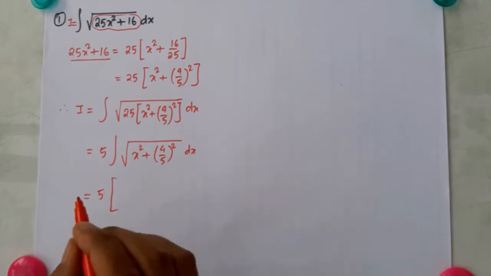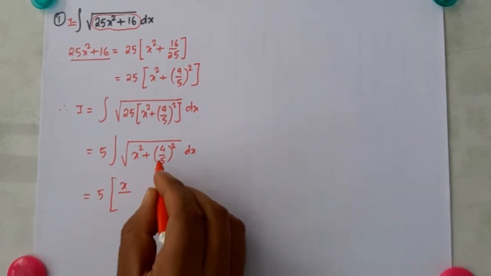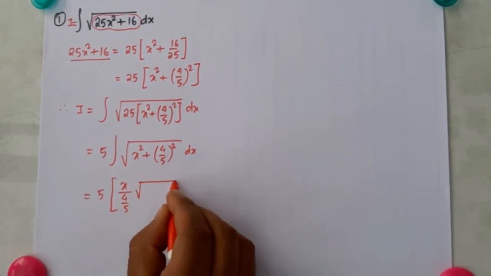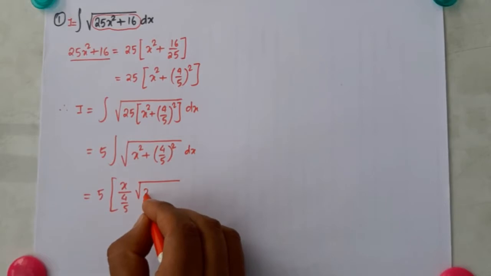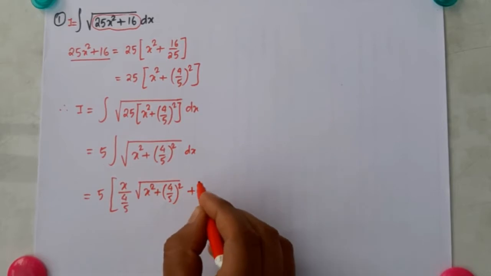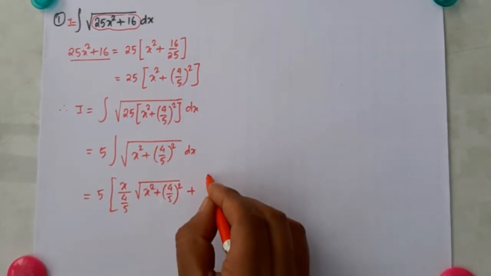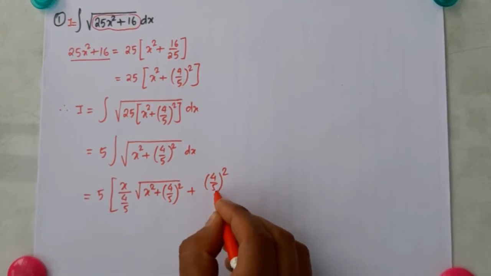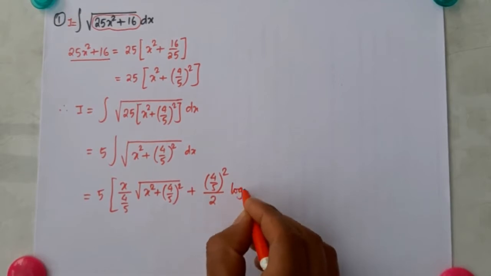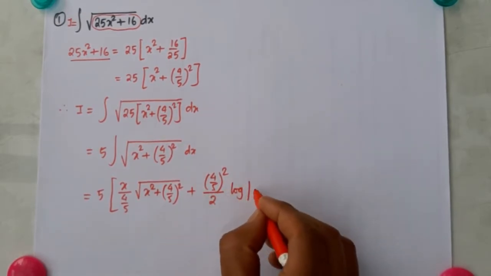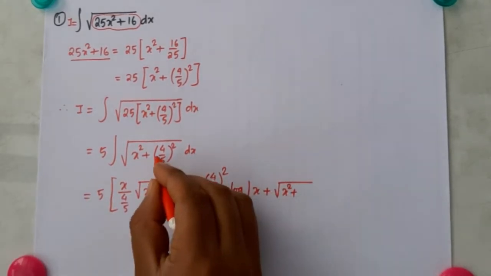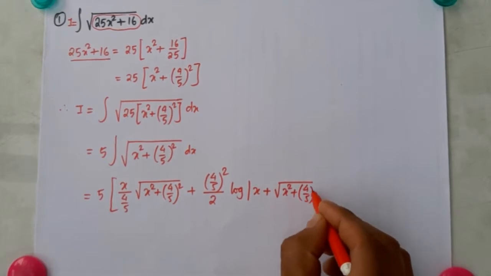The formula says x by 2 times the square root of x square plus a square, where a is 4 by 5, plus a square by 2, which is 4 by 5 whole square by 2, times log of modulus x plus the square root of x square plus a square, where a square is 4 by 5 whole square.